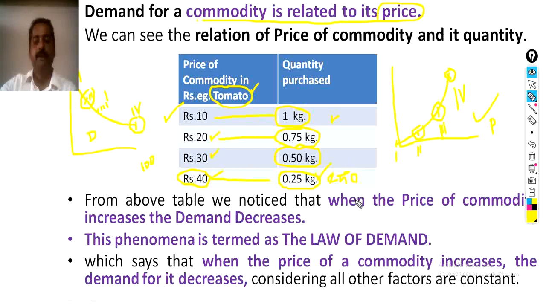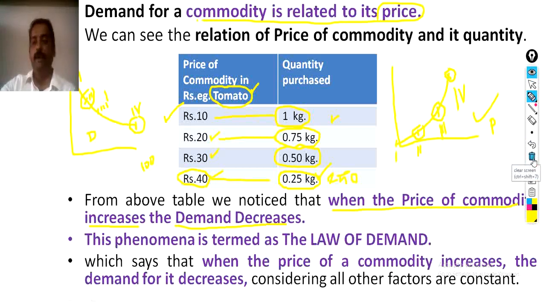What does it indicate? From the table we understand that when the price of a commodity increases, the demand decreases. This is a very natural phenomenon.